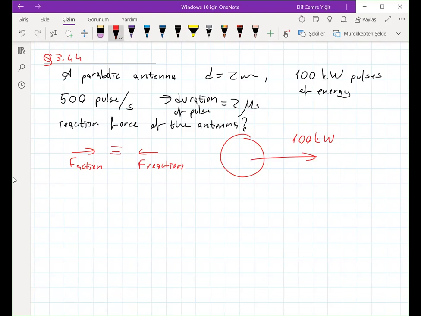But anyway, the hit force and the transmittance force will be equal, then we will say force is equal to A times the average radiation pressure. Actually, this is just F over A equals pressure formula. And we know that radiation pressure is equal to S over C.